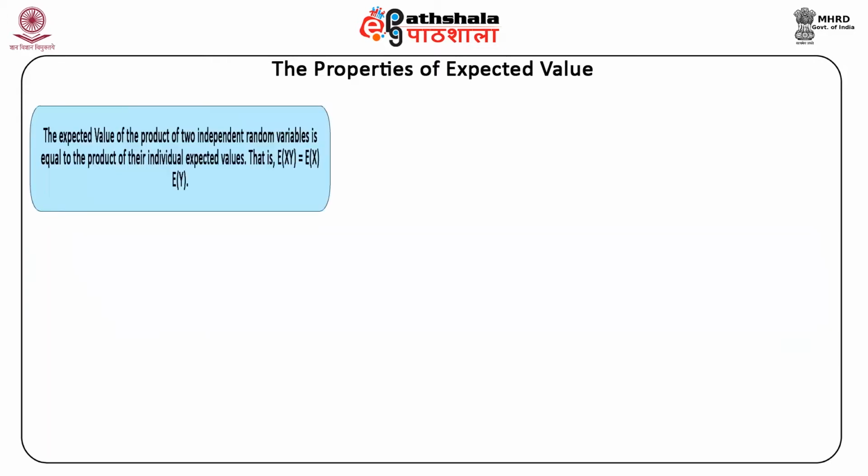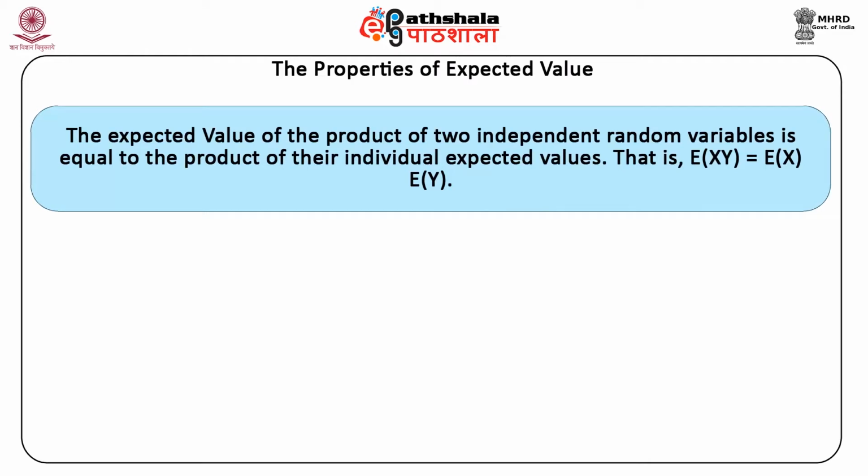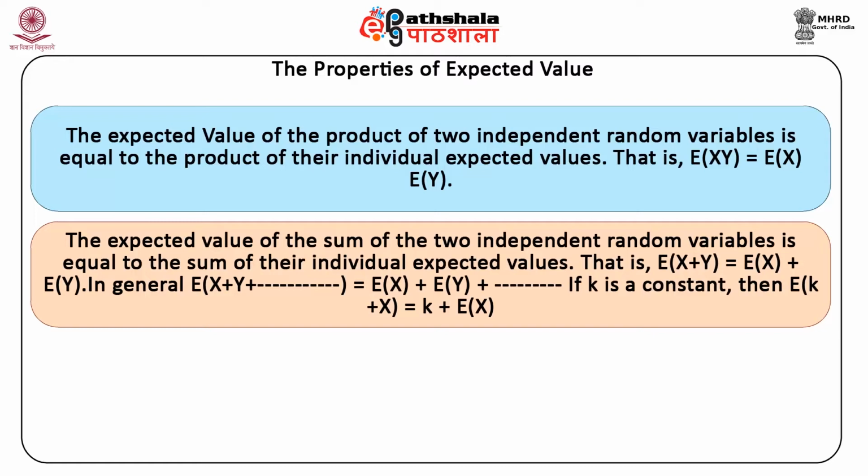The expected value of the product of two independent random variables is equal to the product of their individual expected values. That is, expected value of XY is equal to expected value of X into expected value of Y. Similarly, the expected value of the sum of two independent random variables is equal to the sum of their individual expected values.